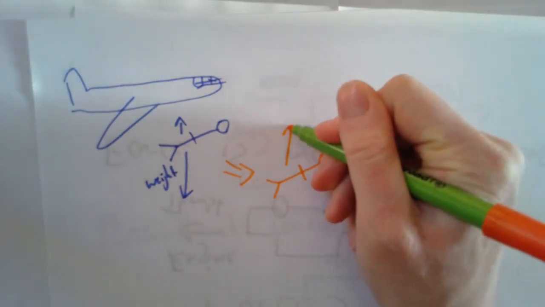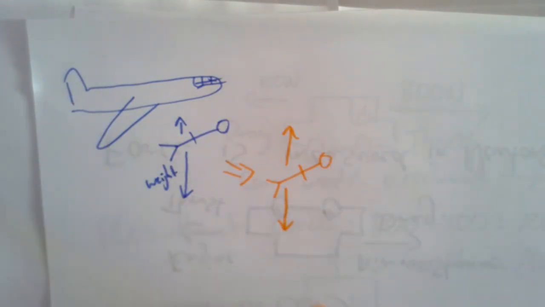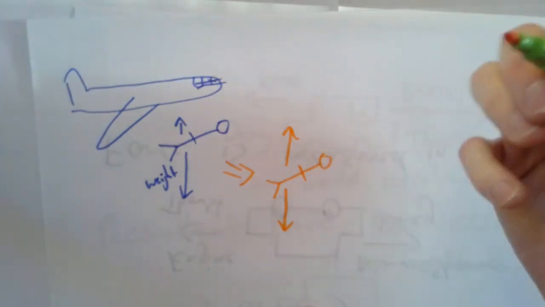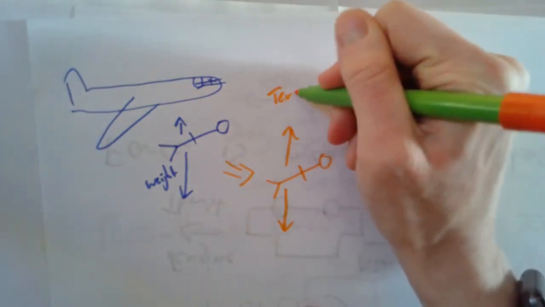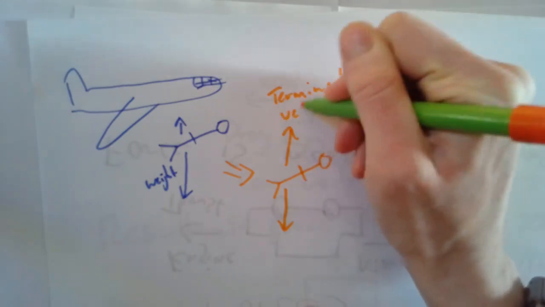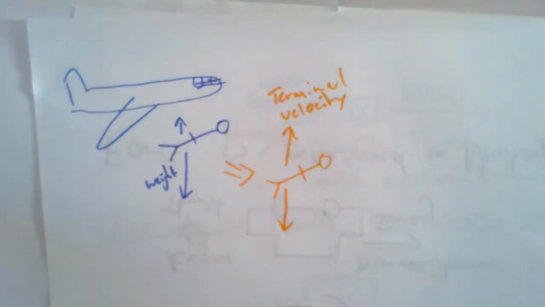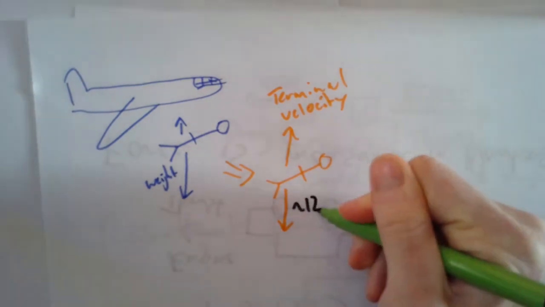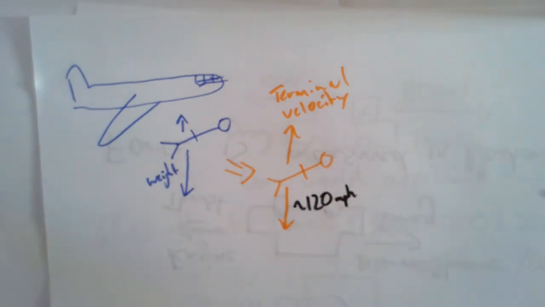And these two forces then will balance, and people reach a maximum speed, their terminal velocity. So if you jump out of an aeroplane, you won't continually get quicker and quicker. You'll reach a maximum speed. That speed will be about 120 miles per hour, which if you hit the ground at 120 miles an hour, you don't do too well.